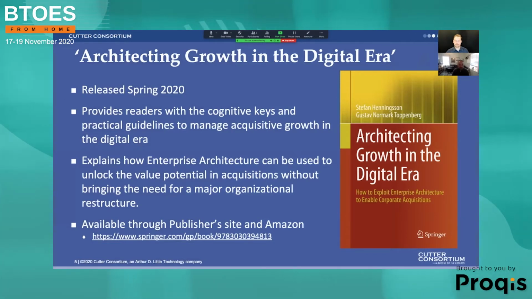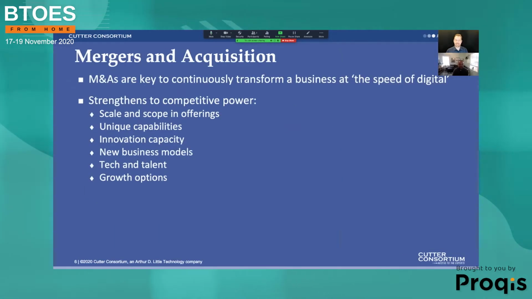It has lots of different case studies of companies struggling with, succeeding with, and overcoming some of these challenges, but ultimately seeing some benefits, large and small, from leveraging enterprise architecture in this process of acquisition from end to end. That's what we want to share with you today. We welcome questions afterwards on all of the topics we share today, and we look forward to a lively Q&A.